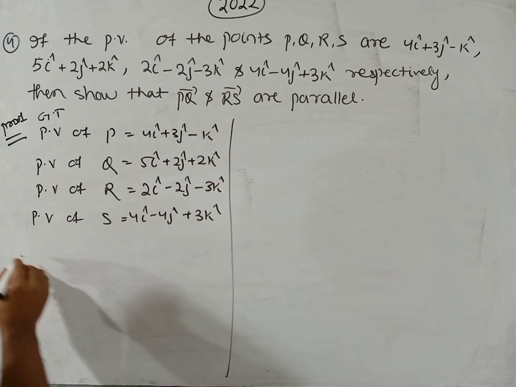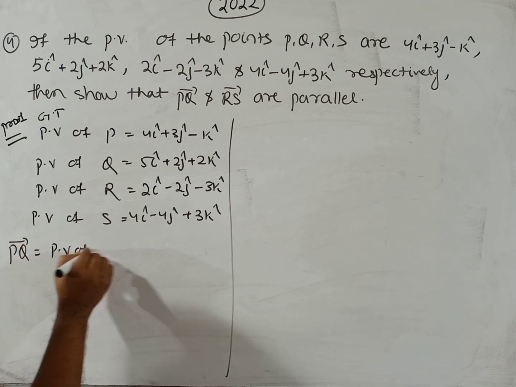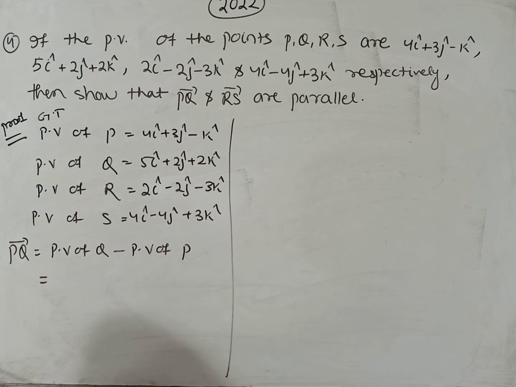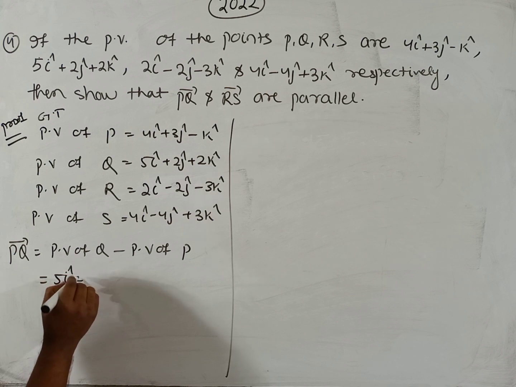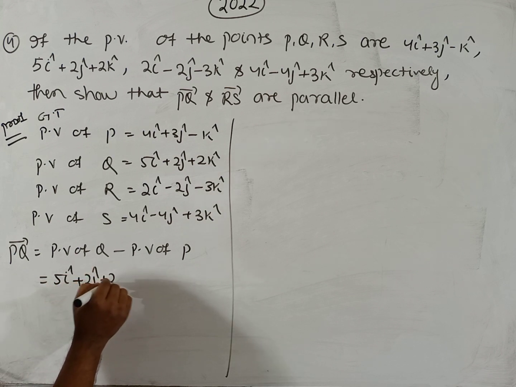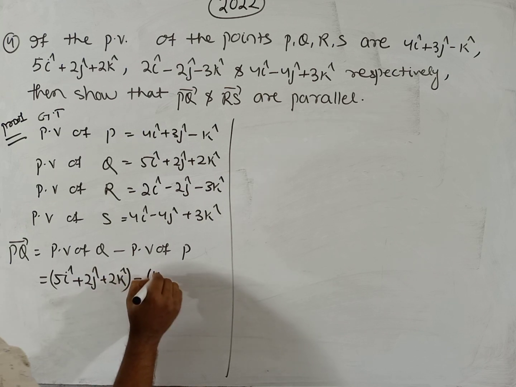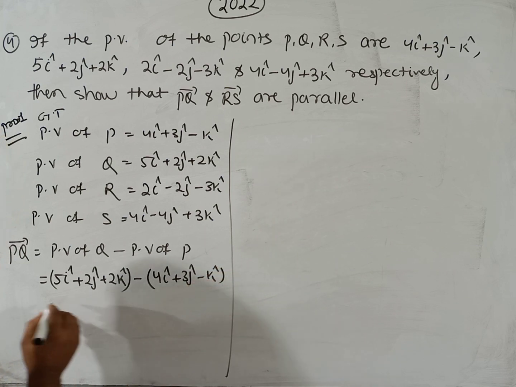So first of all, we have to find out PQ vector. It is position vector of Q minus position vector of P. Position vector of Q, it is 5i cap plus 2j cap plus 2k cap minus position vector of P, 4i cap plus 3j cap minus k cap.